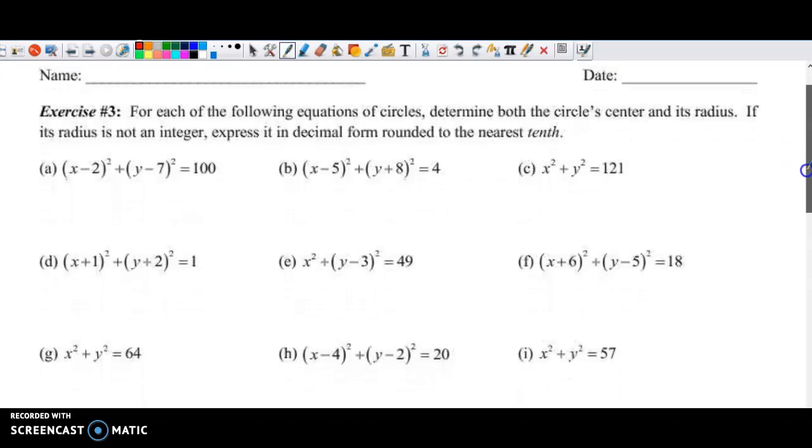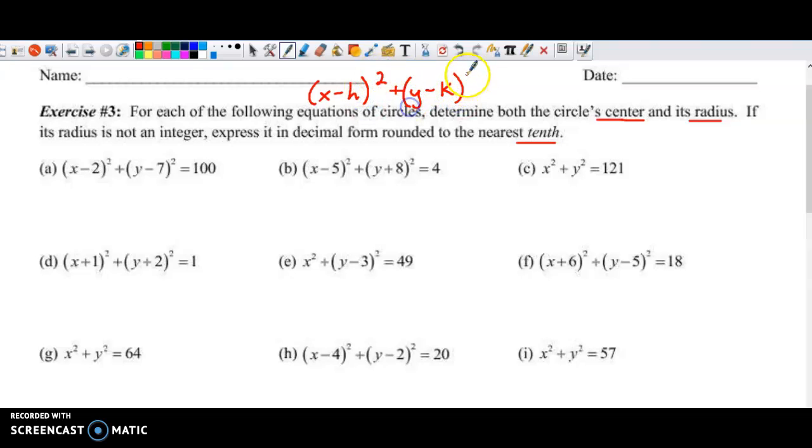So here are several problems. And all we're going to do is determine the center and the radius. And if the radius is not a perfect number, we're going to write it as a decimal, and we're just going to practice with a calculator. So remember the formula. Maybe I'll write it right here in case you can't see it on your page.